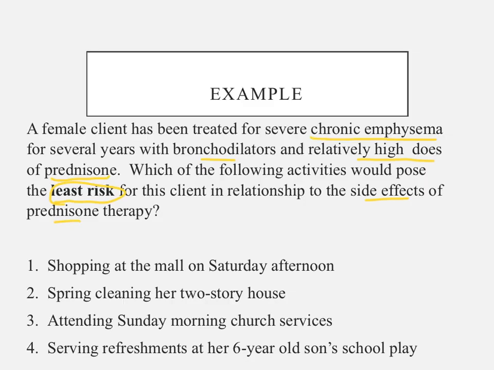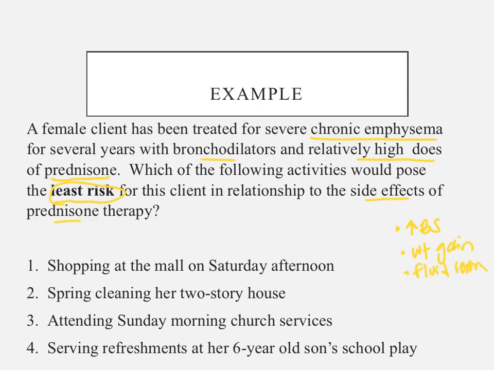We've got to know our side effects of prednisone. So let's think about our side effects of prednisone. If I was a student, I would probably get my paper out and write down what I knew about prednisone. I know prednisone is a corticosteroid. It raises blood sugars for diabetics. It causes weight gain, fluid retention.